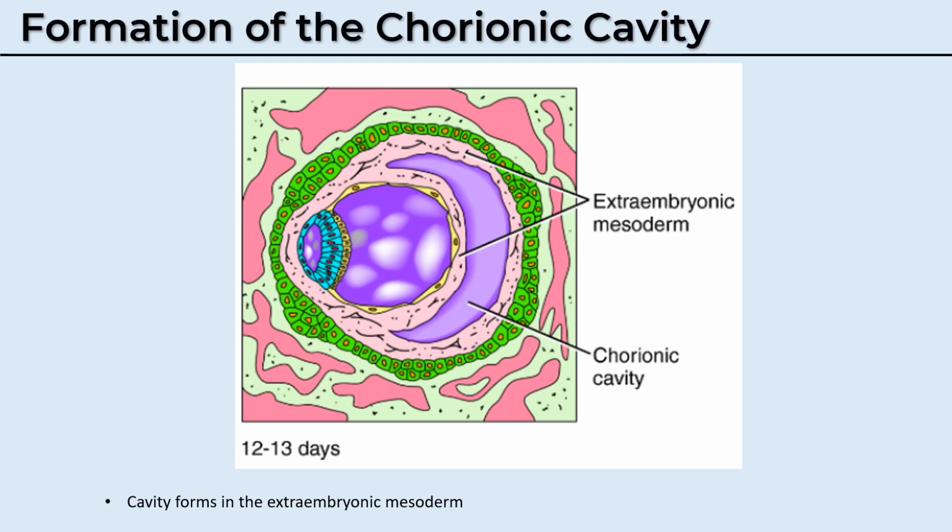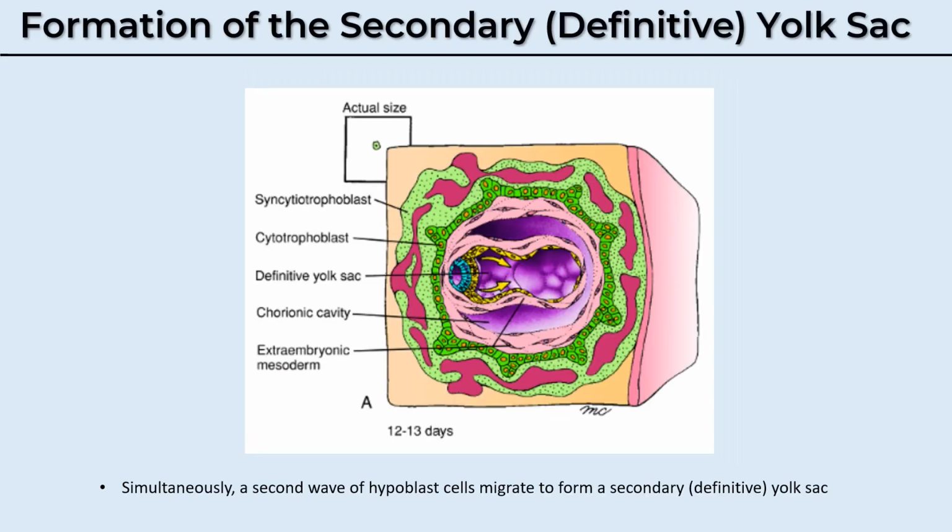So we have some separation of this extra-embryonic mesoderm, and the chorionic cavity has formed. During days 12 to 13, we have more hypoblast migrations, and as we can see here, these hypoblast cells are continuing to migrate, and these are going to form the secondary or the definitive yolk sac.